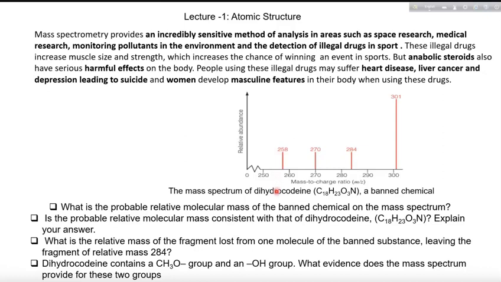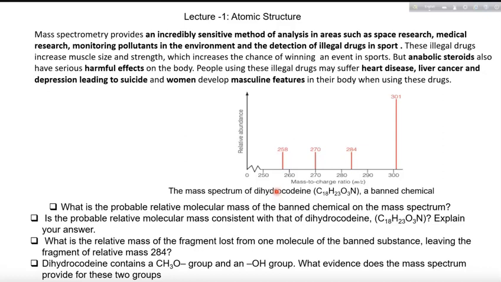You see, when people are taking these illegal drugs to win some events, they forget this will have many adverse effects. The adverse effects are heart disease, liver cancer, depression leading to suicides, and women who are using these illegal drugs develop masculine features.